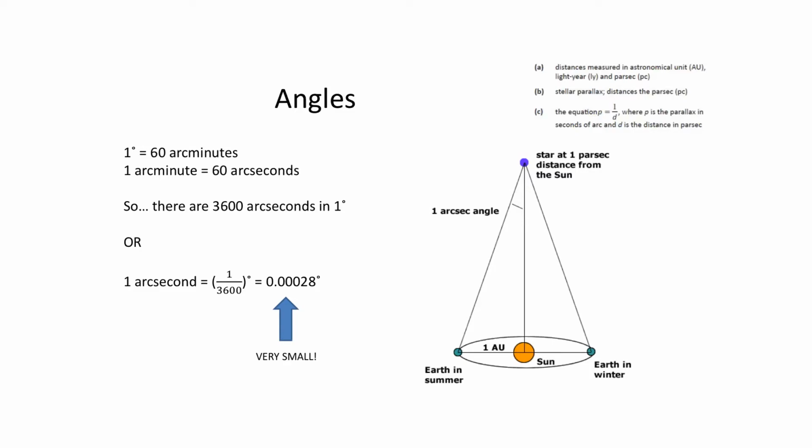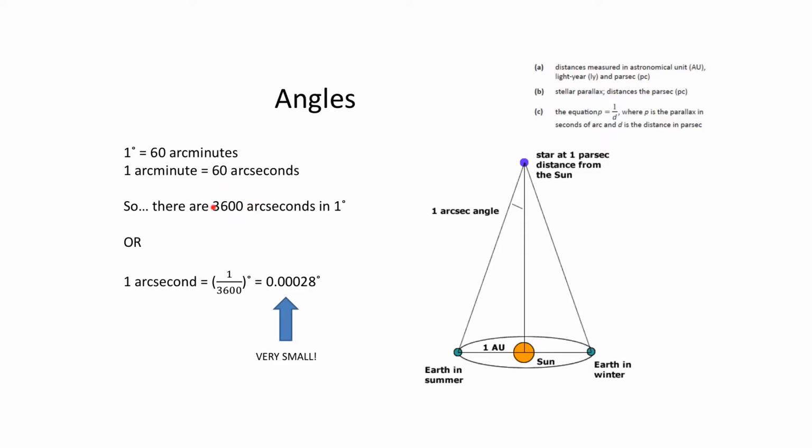In other words, it's a lot less than 1 degree. Now, what I've written up here is the idea that 1 degree is equal to 60 arc minutes. But then, in 1 arc minute, there are 60 arc seconds. So just the same idea as a clock.